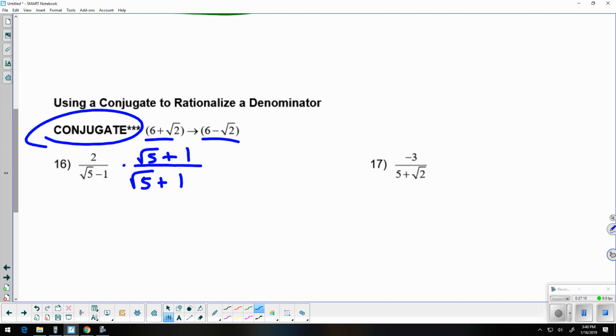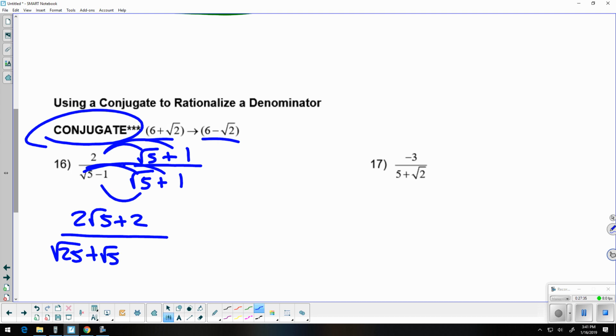So on top, when you multiply your numerator 2 times square root 5 plus 1, distribute to both terms. So that's going to make this 2 square root 5, and that's plus 2. On the bottom, though, you have to FOIL these two together. So as I start multiplying by the conjugate, this would be square root 25, plus square root 5, minus square root 5, minus 1.